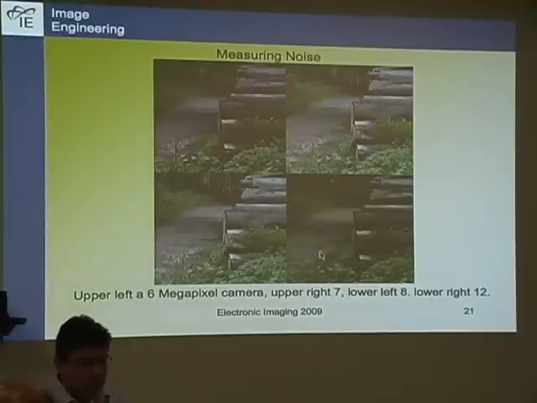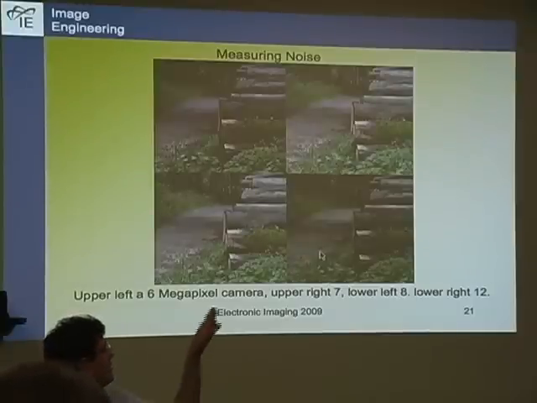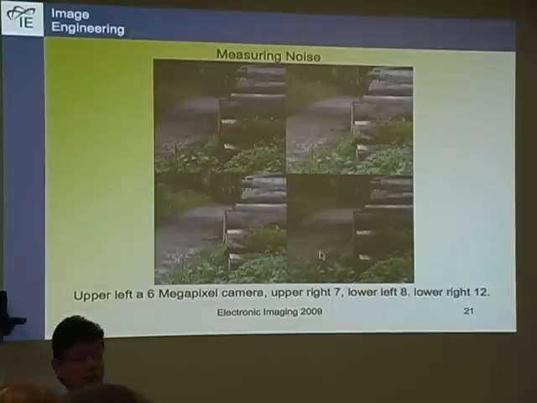That is mainly because, due to the amount of noise that is in the lower right image, the manufacturer had to do a noise reduction. And that noise reduction leads to a loss of low contrast, fine details in images.